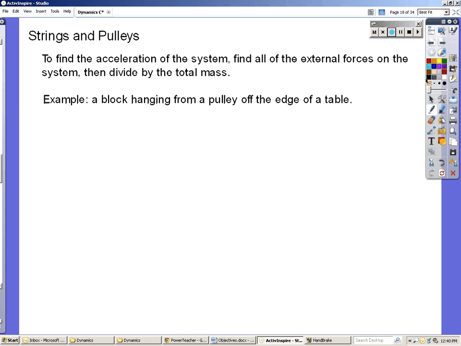Another relatively simple example of this is two blocks with a pulley, small block, little m, big block, capital M. And we want to know the acceleration of the system. For this, we have to introduce the idea of external forces.